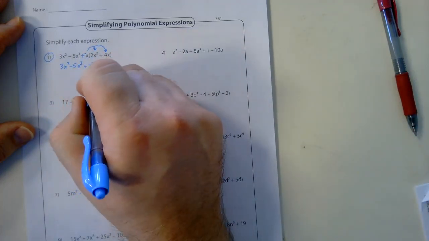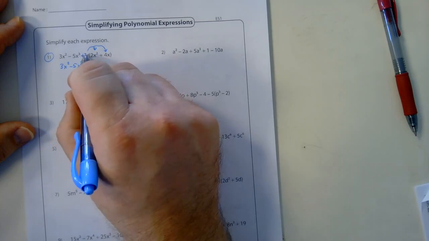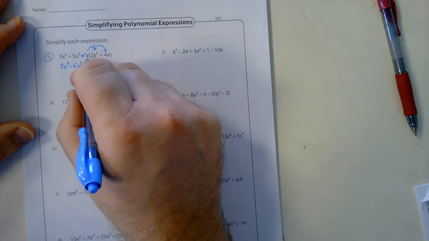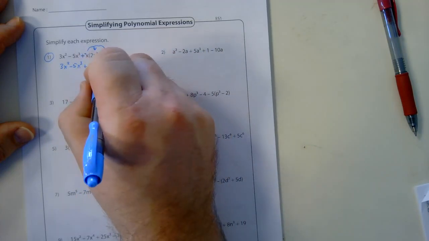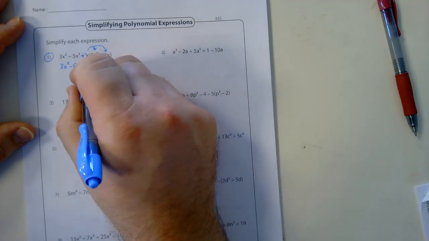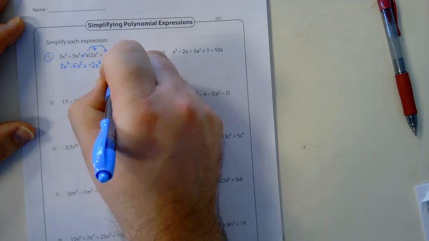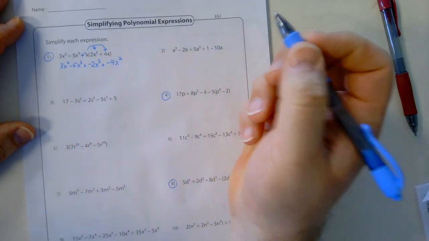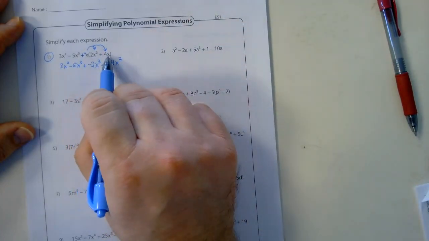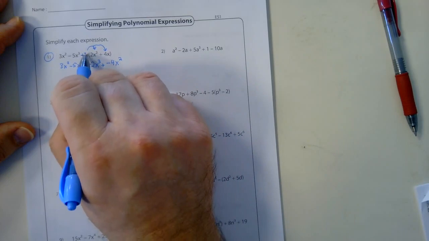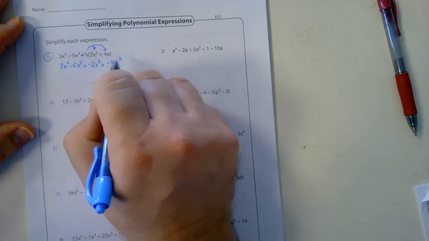The negative goes on my number because think about this negative x is like negative 1x. Now I distribute the negative x to the 4x, so plus negative x times 4x is negative 4x squared. Again, x times x gives me my x squared, and then this negative 1, hidden 1 there, times 4 is a negative 4.